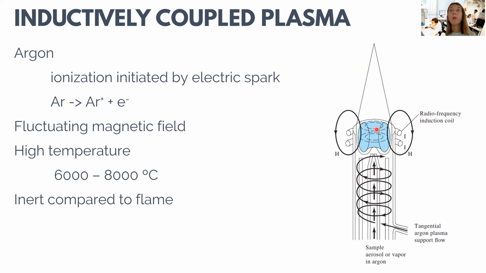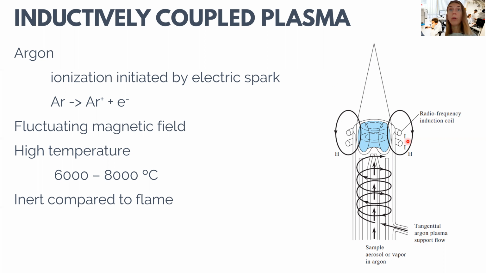Here, the argon is first ionized, and this ionization is initiated by an electric spark from a Tesla coil. As a result, the argon is ionized, producing both argon cations as well as electrons.